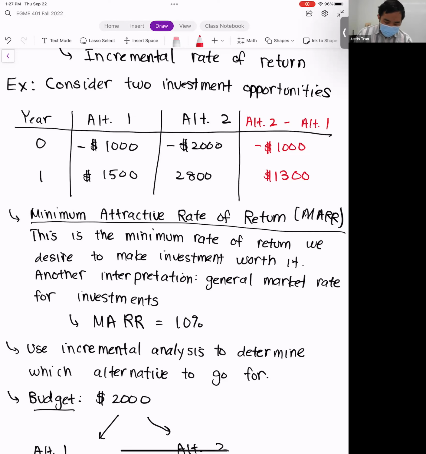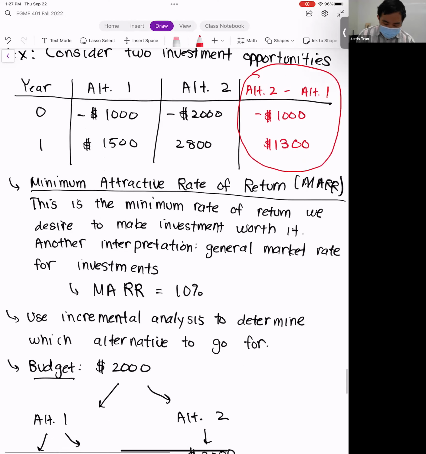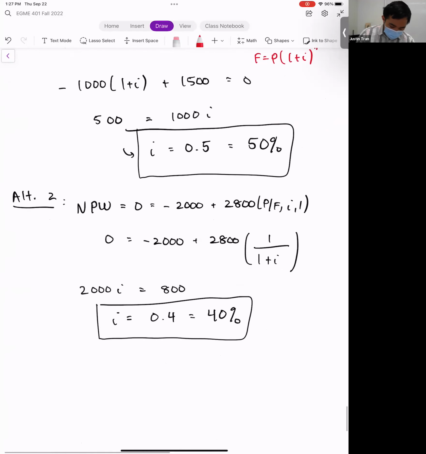Okay. So let's compute the rate of return, but let's do it for this last column now. We're going to take the rate of return of the difference between the 2 alternatives, and so this will be the rate of return of alt 2 minus alt 1. Just like the other 2 cases, we're going to set up the net present worth equation and set it equal to 0.